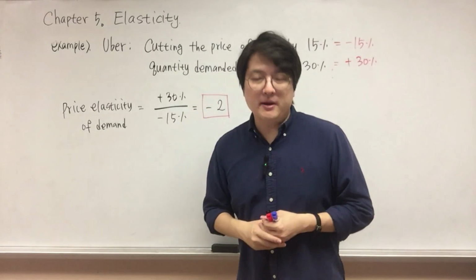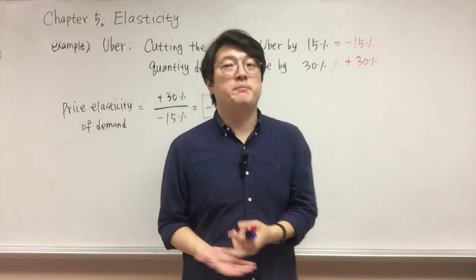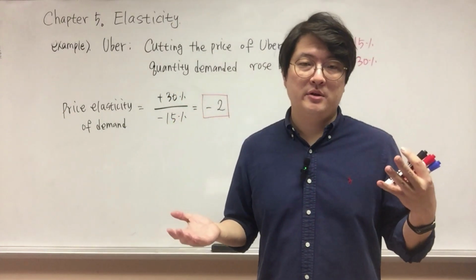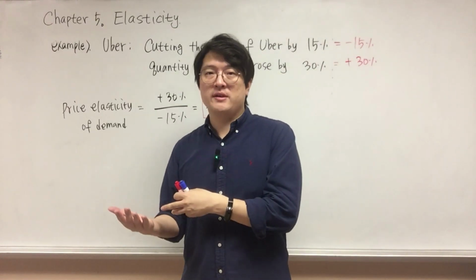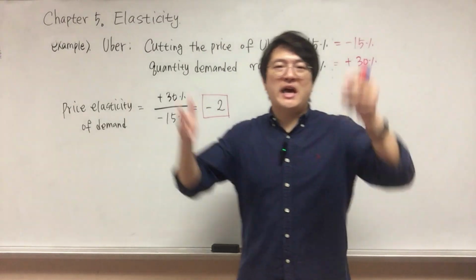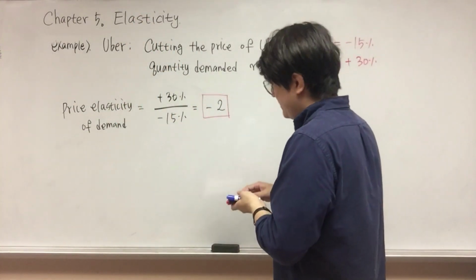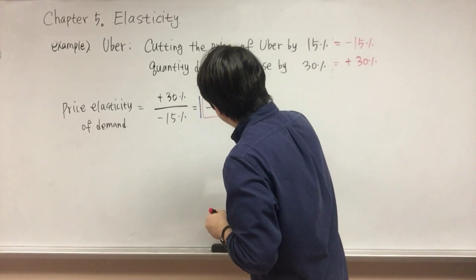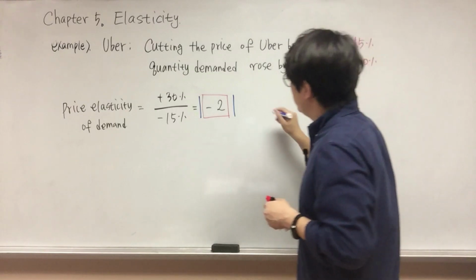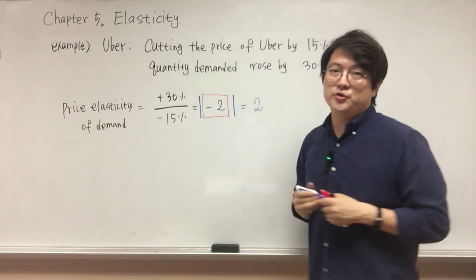When you look at the elasticity, we want to focus on the positive value instead of the negative value, in order to focus on how much it changes. So we put the absolute value on the value we get, and then we have the positive value, just 2.